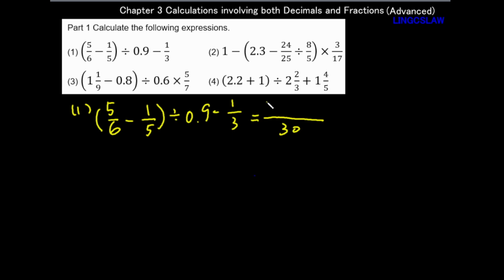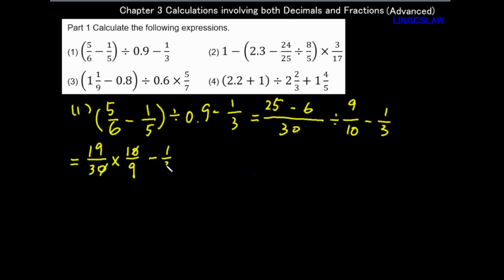30. And 5 times 5 equals 25, and 6 times 1 equals 6, divided by 0.9, which is 9/10, minus 1/3. Alright, 25 minus 6 is 19 over 30, and divided by 9 over 10 means times 10 over 9, minus 1/3.